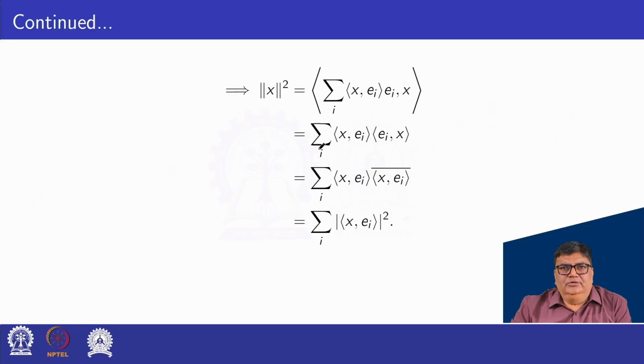Okay, so this can be written as like this. And we know that z times z bar is equal to mod z square. So this can be written as the summation over I of the square of the mod of the inner product of x and ei. Hence, fourth proved.